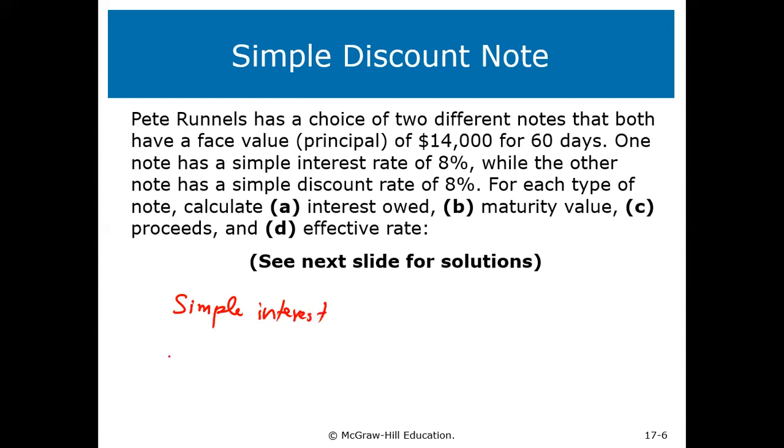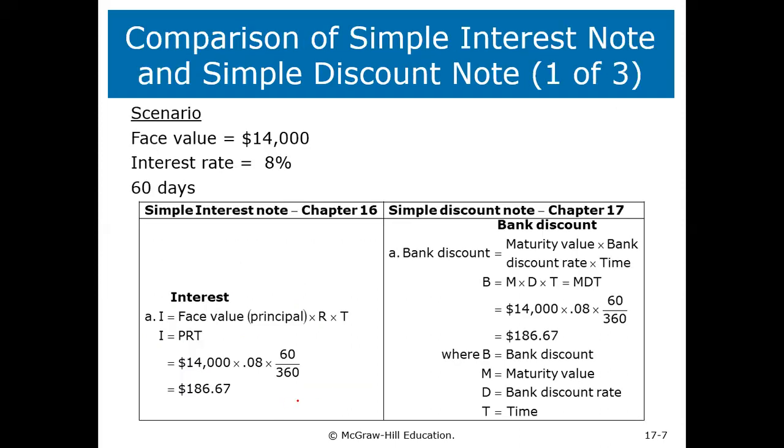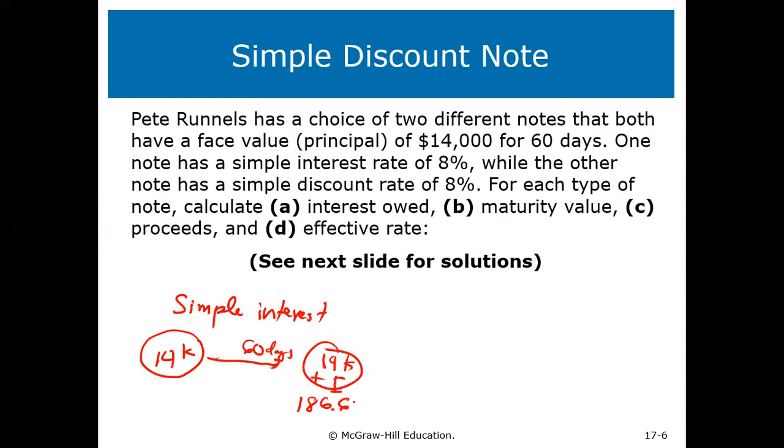what happens? We borrowed 14,000 now, and after 60 days, what happens? We pay 14K plus whatever the interest is, right? And it turned out to be 186.67.